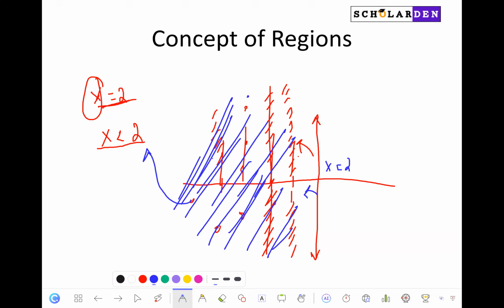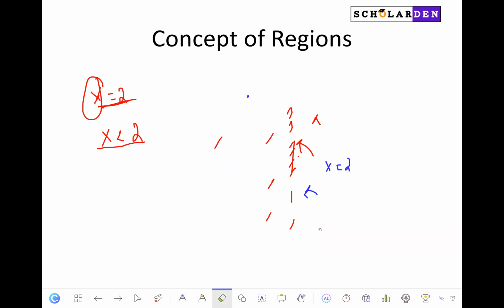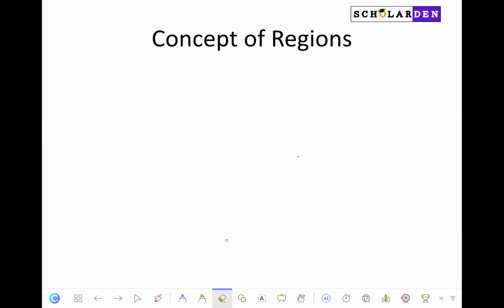Okay. And here's a fun fact. If I say, find out the region for x as a real number.